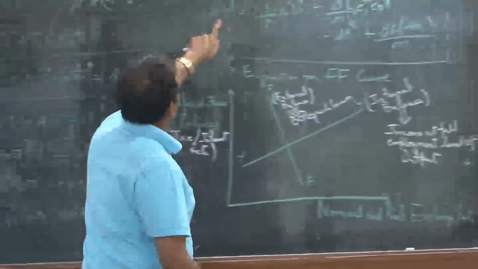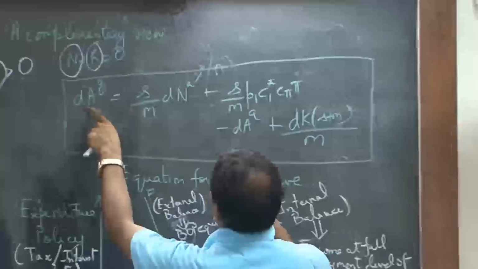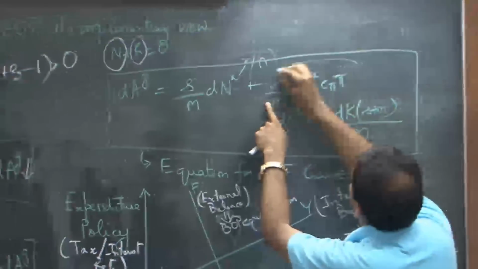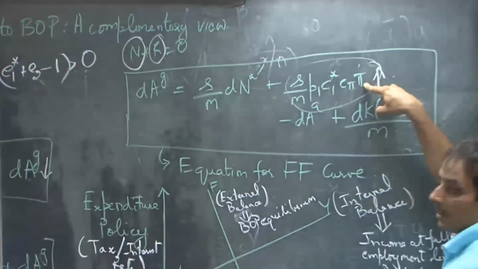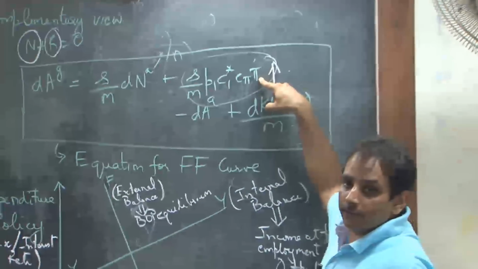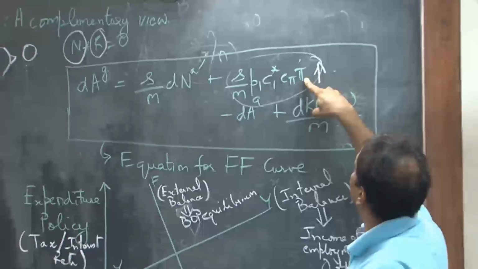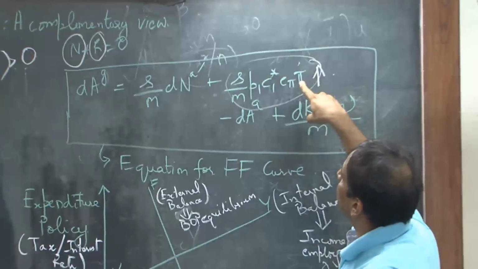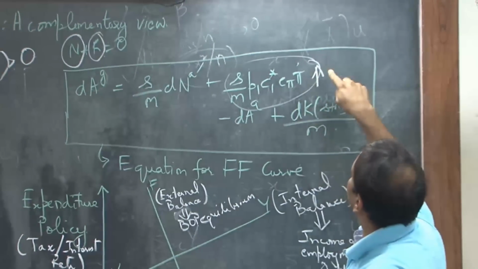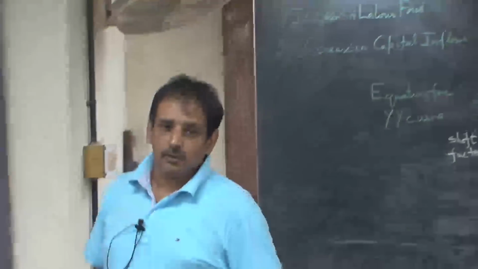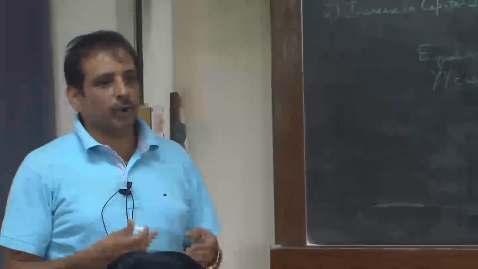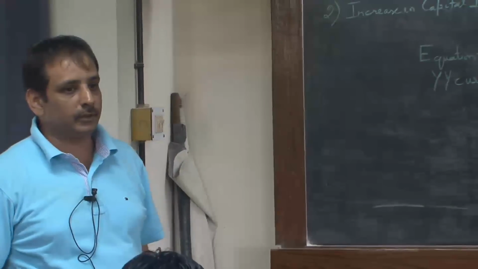So you can see a relationship between policy induced expenditures and the exchange rate. If you devalue your currency, that means there is a shift of expenditure from foreign to domestic goods. It leads to an improvement in the balance of payments. So it leads to a surplus in balance of payments.